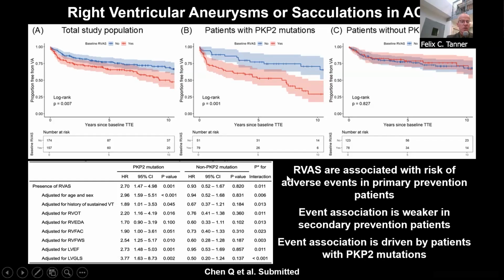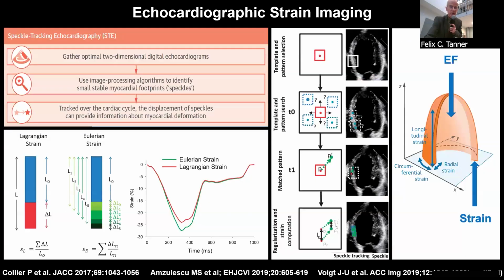And down here, just to support all that, is the Cox regression analysis with an interaction analysis for the genetic status. This confirms that. So also in difference to the diameter, these sacculations seem to occur particularly frequently in PKP2 mutation patients, and there they have a very strong association with the risk for ventricular arrhythmia.